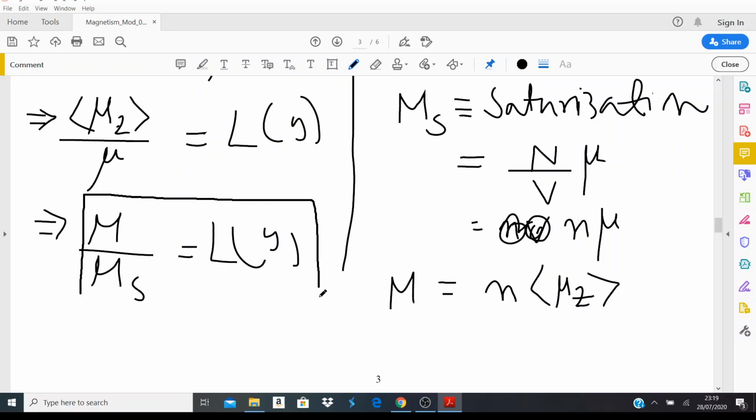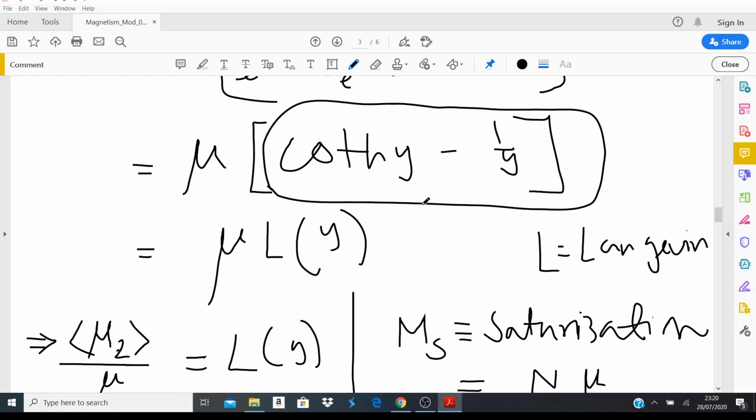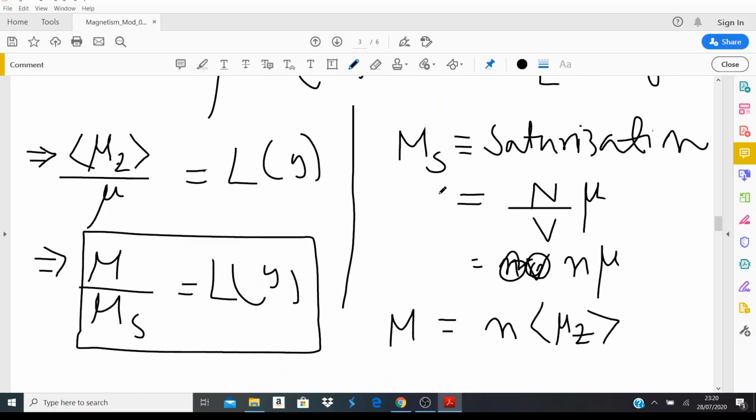This is an important relation. We will draw this expression, and then we will see how the Curie paramagnetism comes out from it. But the important point to remember is that the paramagnetic magnetization follows a Langevin function in the classical model, right? And the Langevin function is given by coth y minus 1 by y. And we will see how this model gets modified when we add quantum mechanical considerations.